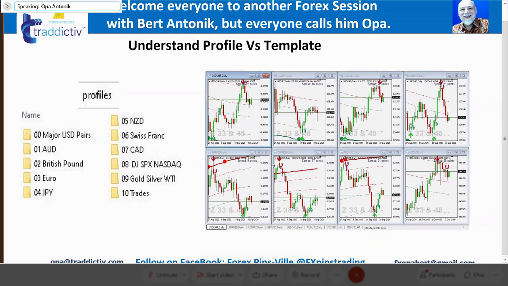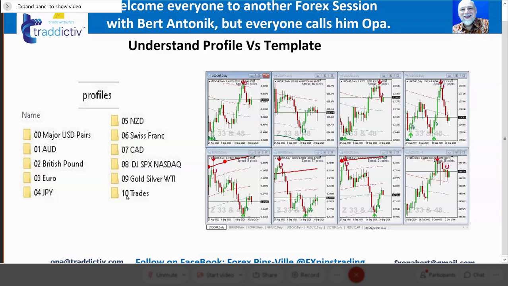So you can see I've set up separate profiles for each of the major currencies that we look at, and I've also set up a profile for the U.S. indices, the Dow Jones, the S&P, and the NASDAQ, gold, silver, and oil.